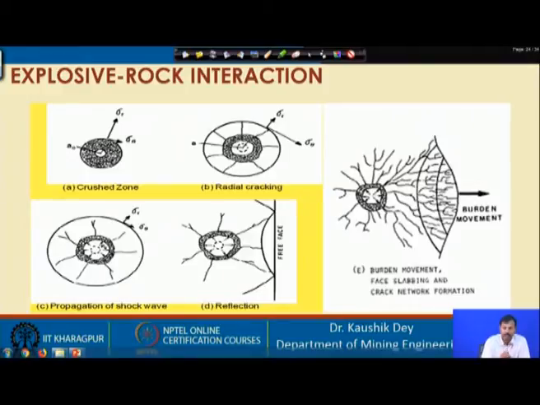Here you can see this is the crushed zone, this is the radial cracking zone, and this is the reflection, which is giving us the tensile slabbing. Prior to the completion of this tensile slabbing up to the boundary of the radial cracking zone, it must be completed, and only after that we allow our gas energy to come and throw this portion of rock.